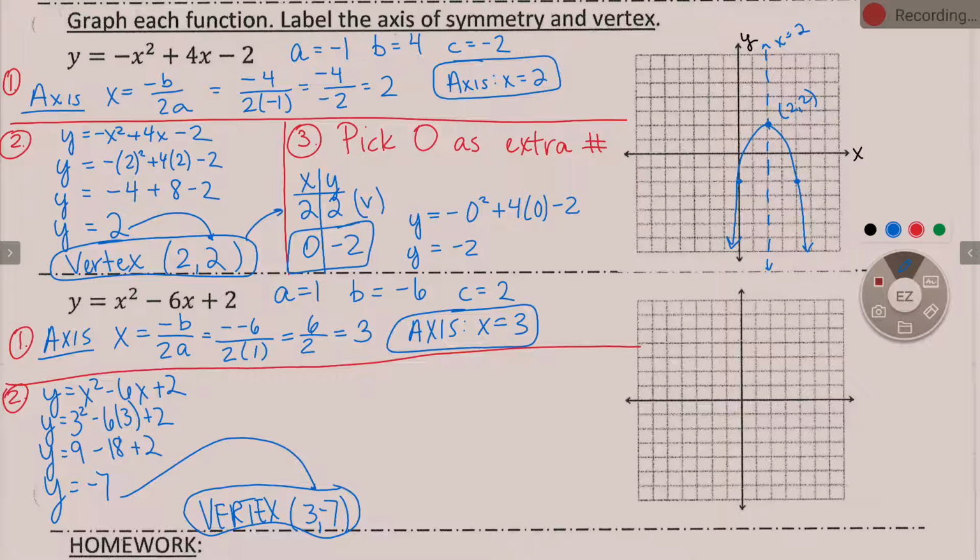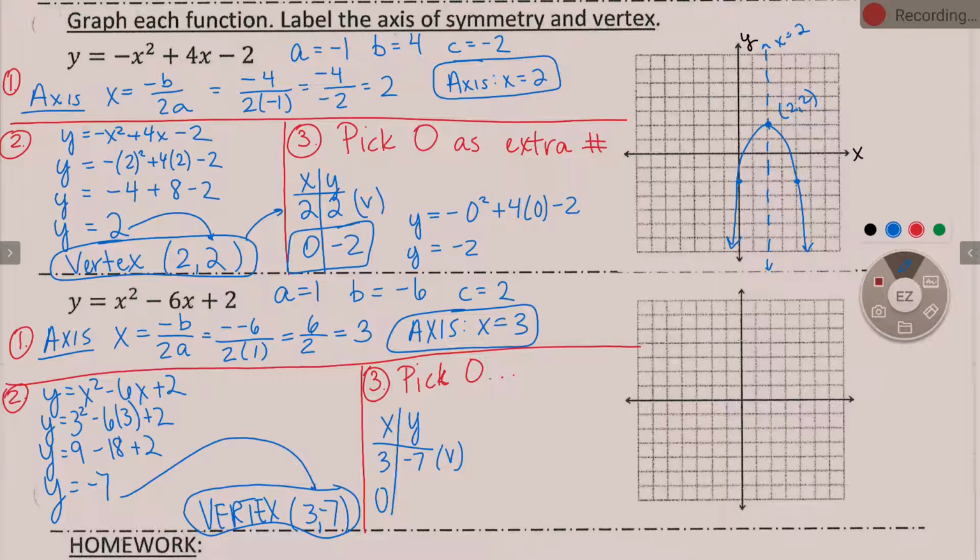Am I done? Can I graph? No. We need one more number. x, y chart. Yeah, x, y chart, one more number. And the only way you can't pick 0 is if 0 is my axis of symmetry. So we already have our vertex of 3, negative 7.